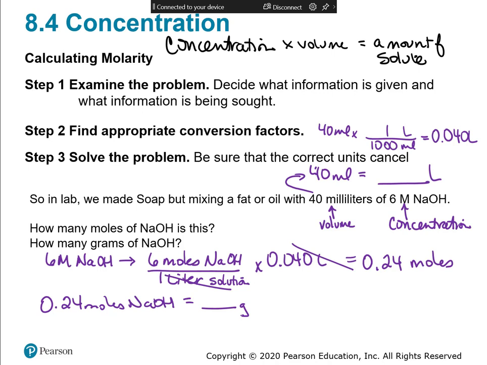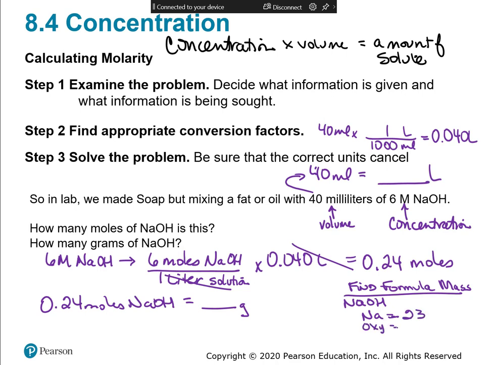I have to have the formula mass. Remember NaOH. What is the mass of sodium? Look on your periodic table, find the atomic mass, round to the whole number. So it would be 23.